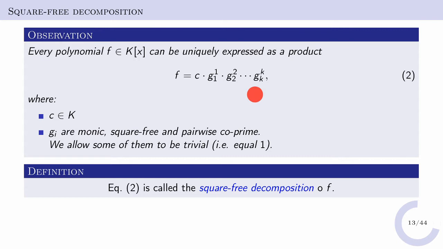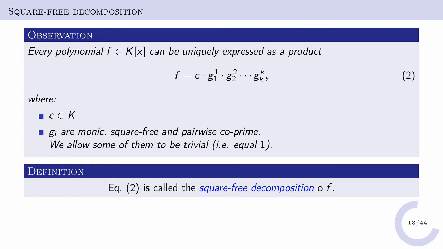Times the product of powers of monic and square-free polynomials: G1 to the first power, G2 to the second power, and so on. And these square-free polynomials are pairwise coprime, and this thing is called the square-free decomposition of f.